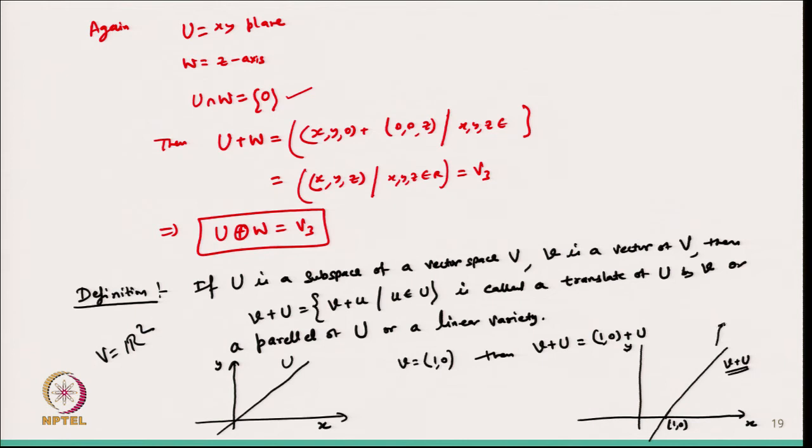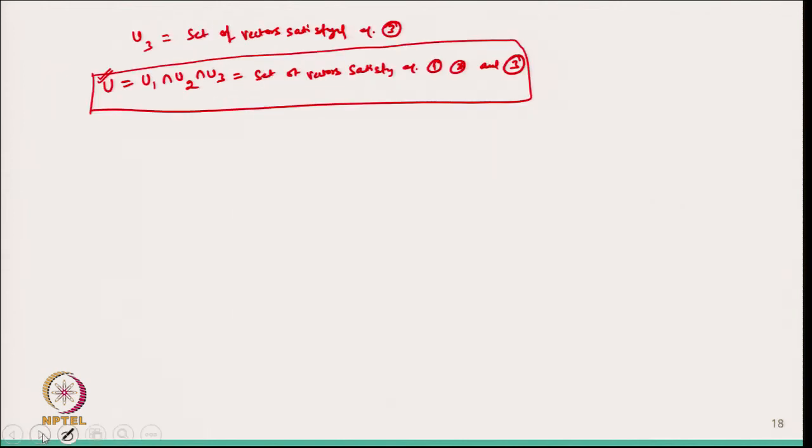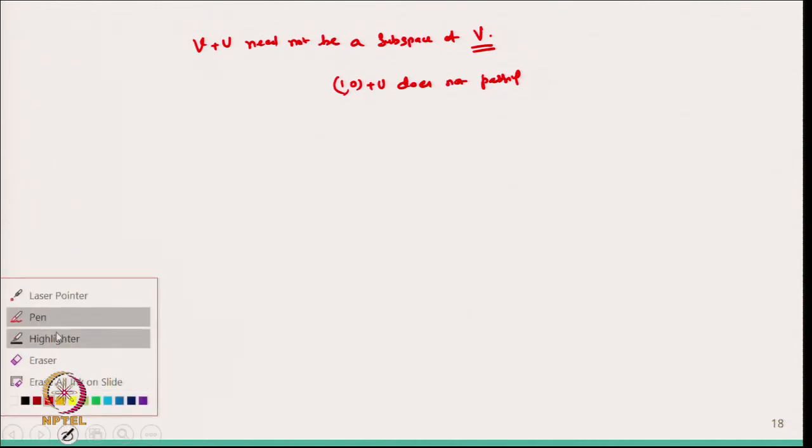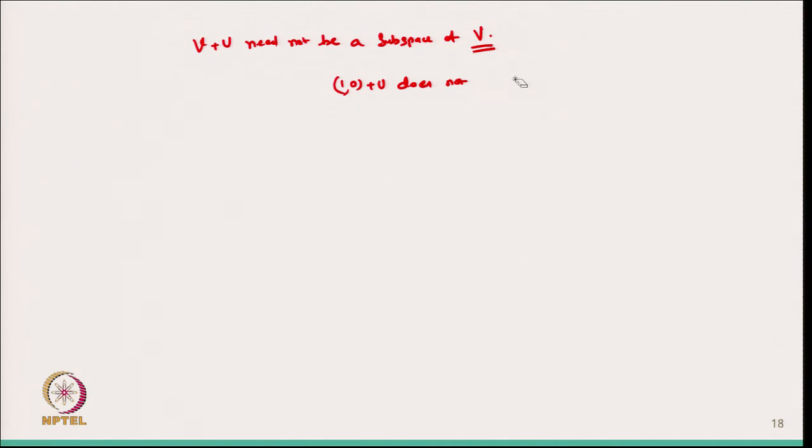But from here I can say that v plus U need not be a subspace of V, because we can see that in this case (1, 0) plus U does not contain the 0 element, and for a subspace it definitely should contain the 0 element.